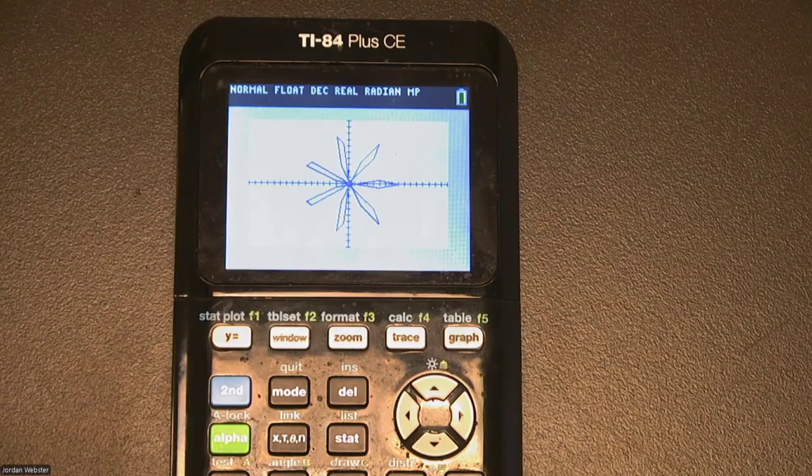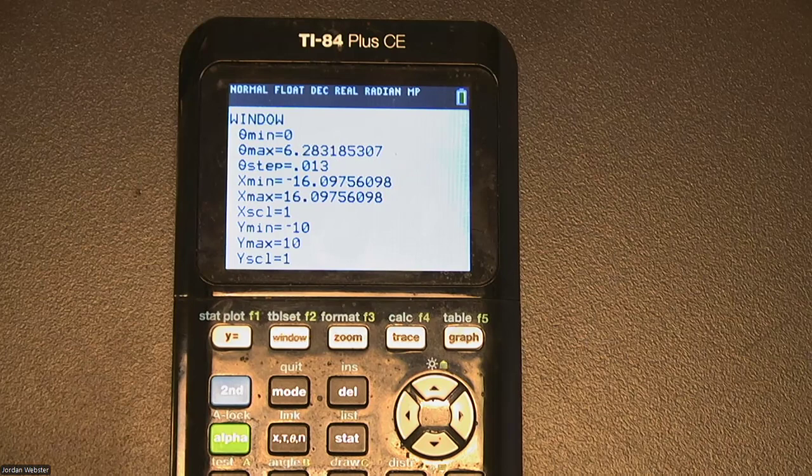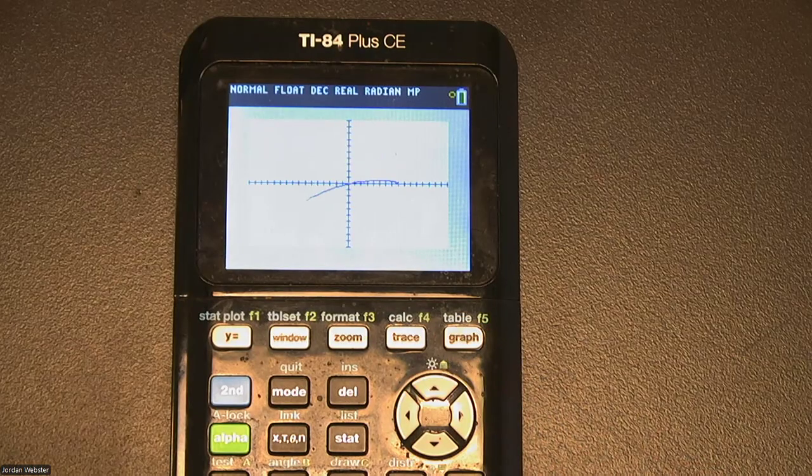If you want it to be a little bit smoother, all you have to do is change the theta step in your window. Let's say we changed it to 0.013. It was 0.13. And then I graphed.